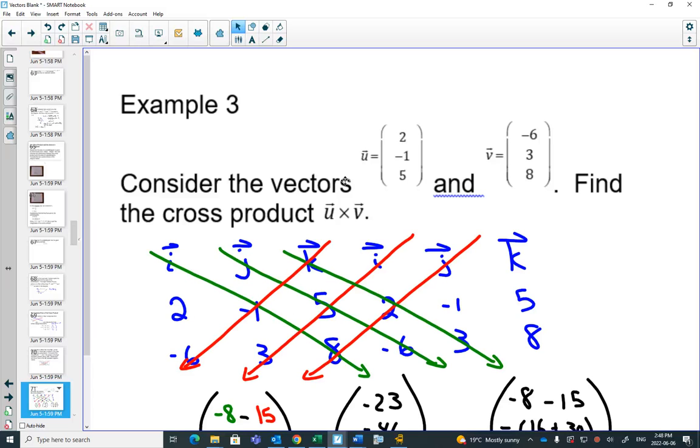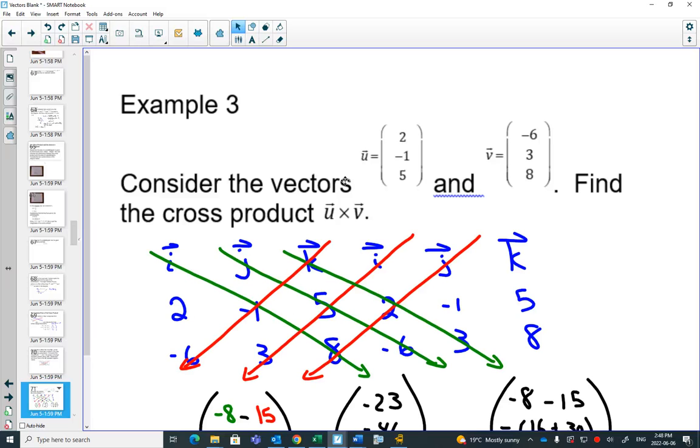This method's great, but what's annoying about it for me is I have to write out ijk and all the numbers twice. Plus, I have to make sure that I space them nicely so my diagonals match up. I can't do it too quick and fast. So for ease of calculations, I like the determinant method because I can visualize it quickly and get the answer. But it doesn't matter which way you use.